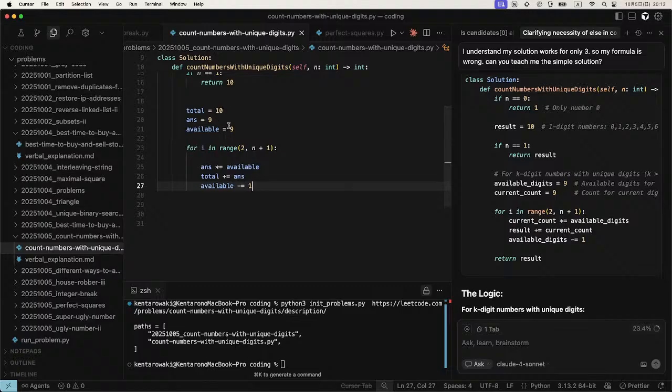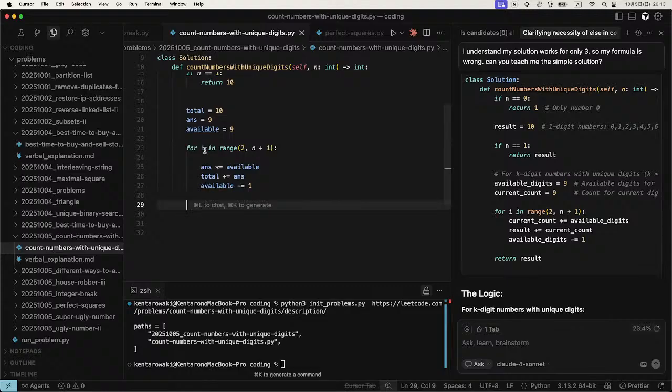And for this loop, when we decide the third digit, we have already used 2 numbers, so the number of available options would be 8.